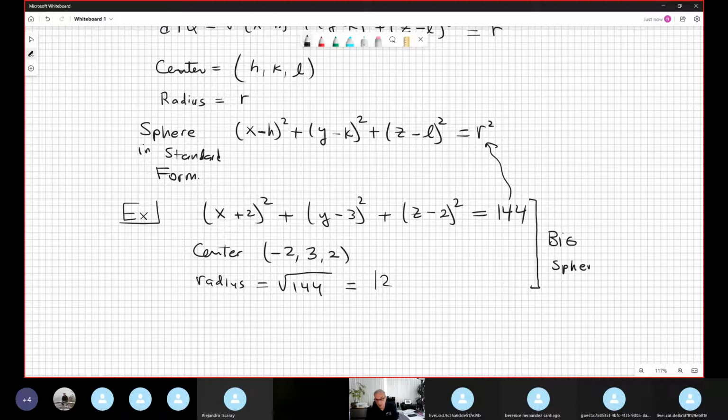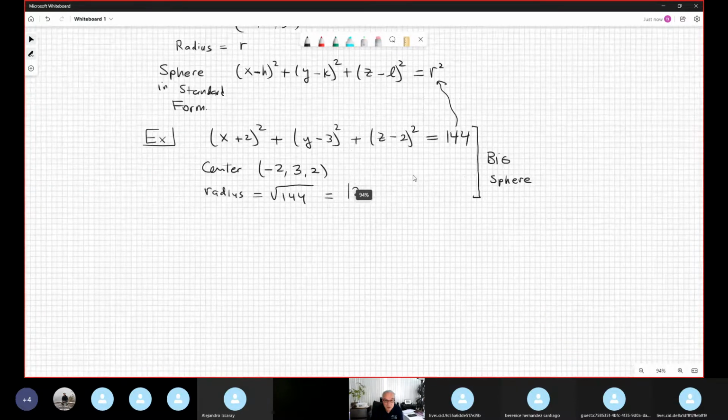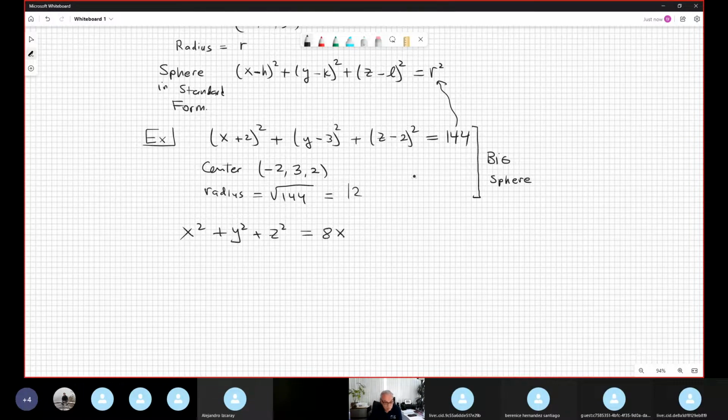However, we have another small sphere inside the same example. We have another sphere. This sphere is not given in standard form. It's given in general form, in crazy form. Something like that: x squared plus y squared plus z squared.